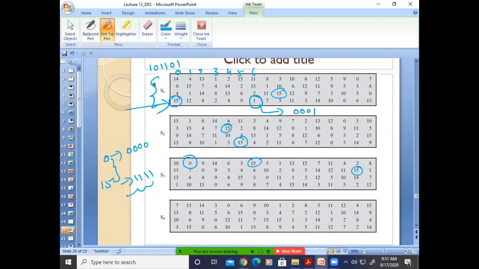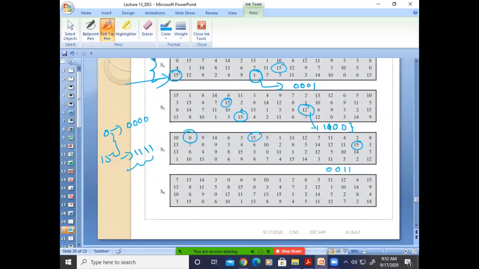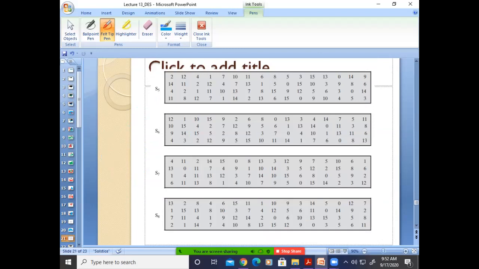That will be the SBox 1 output, 4 bits. Similarly, SBox 2 may select a different number, suppose 12, which is 1100. That is the SBox 2 output. Similarly, here we may get 0011, etc. We have a total of 8 SBoxes, and each SBox output is 4 bits.